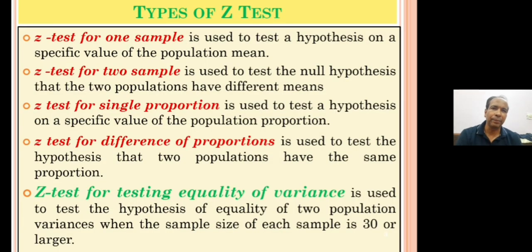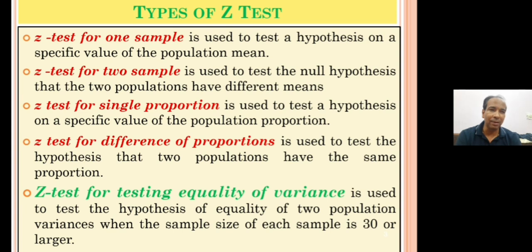So let's see what Z-test for two variances, or equality of variances, is used for. This is used to test the hypothesis of equality of two population variances when the sample size of each sample is 30 or larger.